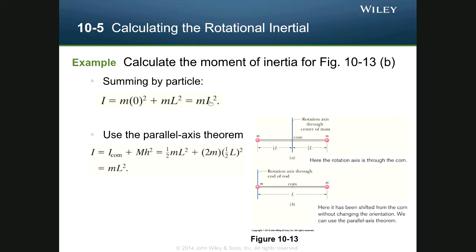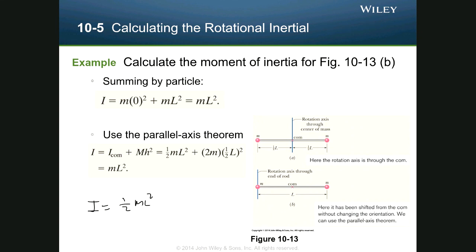But now let's use this ICOM. All right, so I know it's written here, but I'm going to write it each step down. So as we saw before, ICOM was equal to 1/2 m L squared, right? We got that.